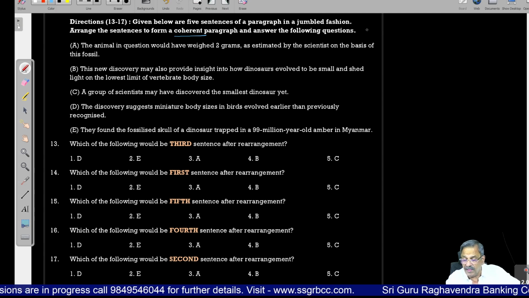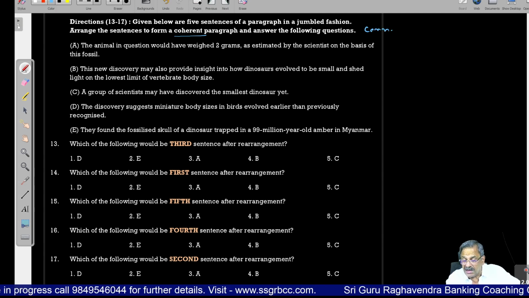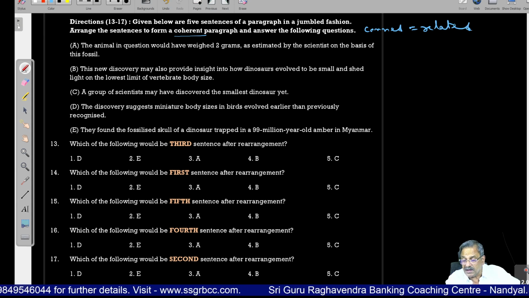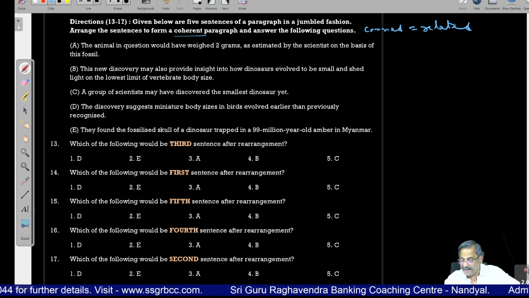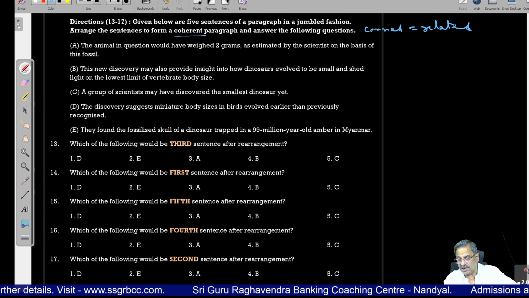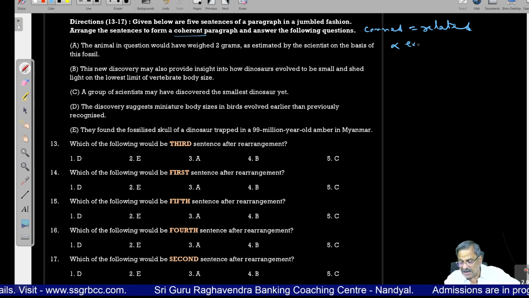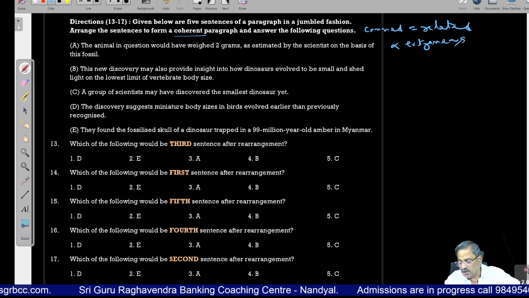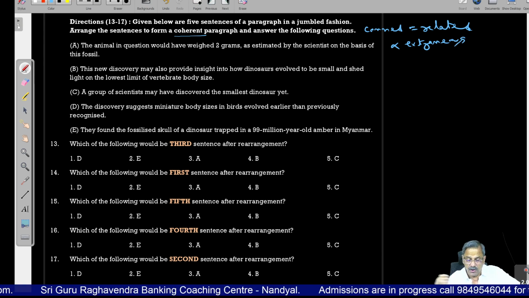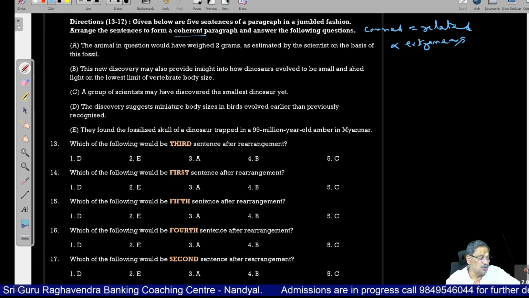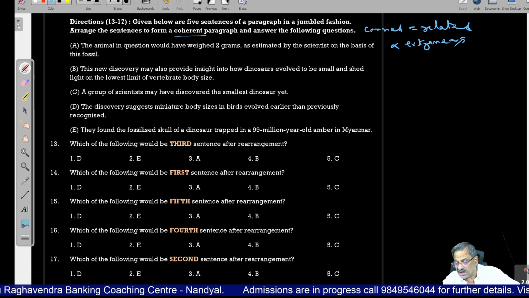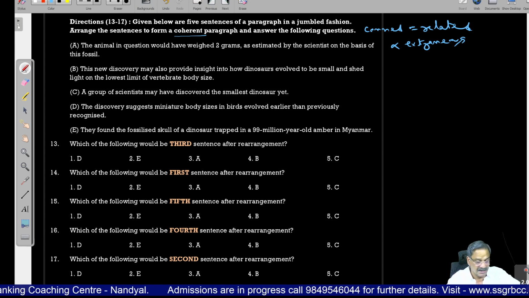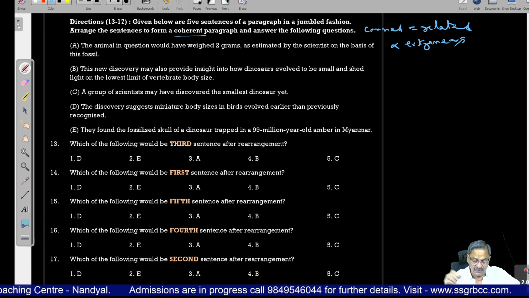Coherent means connected, related. What is the opposite of this? Unrelated, extraneous. Extraneous means not related. So here you are given 5 sentences.